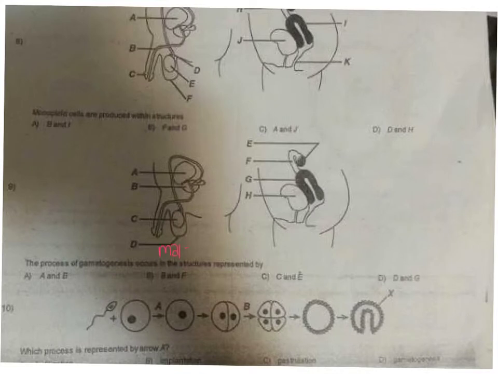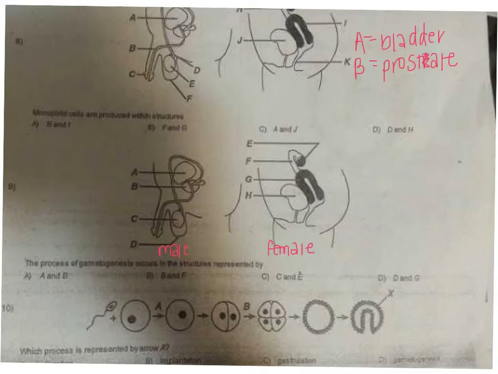Again, you have a male here and a female here. So A is going to be the male urinary bladder. B is going to be the prostate. Sorry, I misspelled that. Prostate.